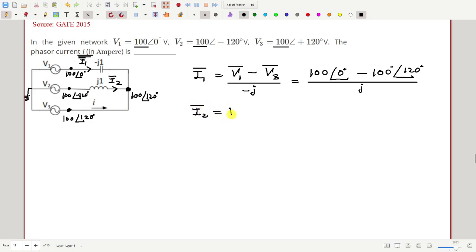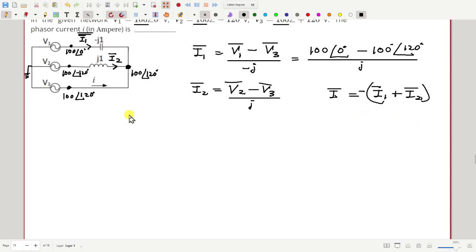I2 is V2 minus V3 divided by J. Finally, how much is I? Phasor value will be I1 plus I2.